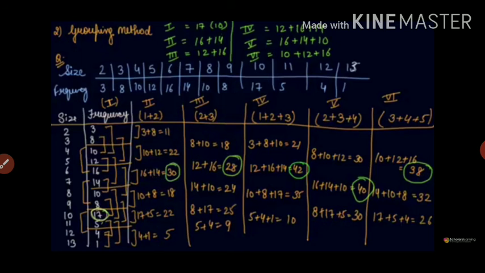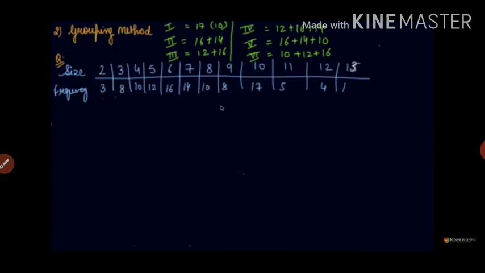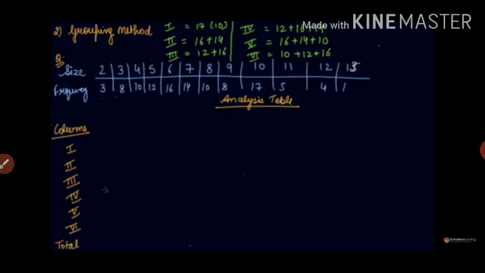Let's make the analysis table now. Here on the vertical side we will write the columns. How many columns have you made? The first column, second column, third, fourth, fifth, sixth, and total column. Right?